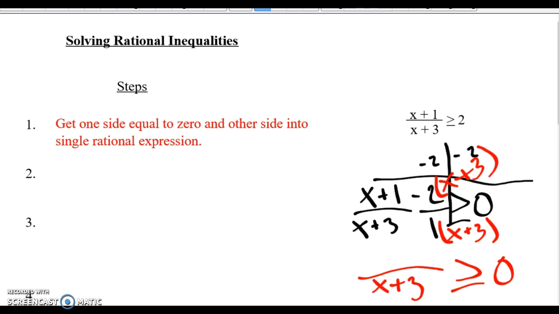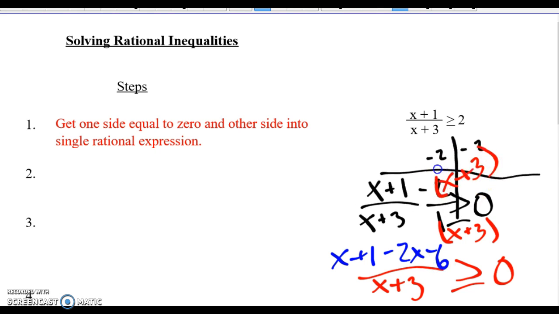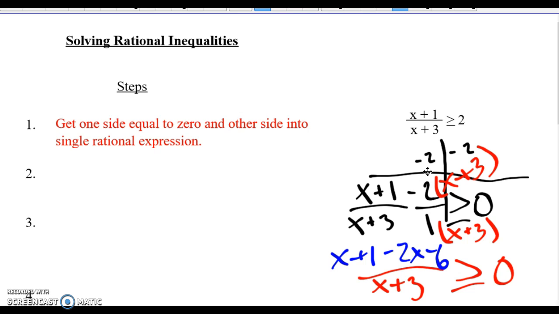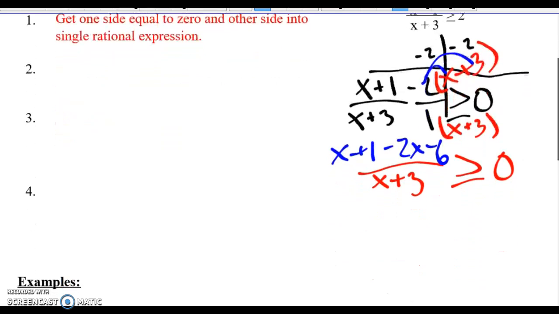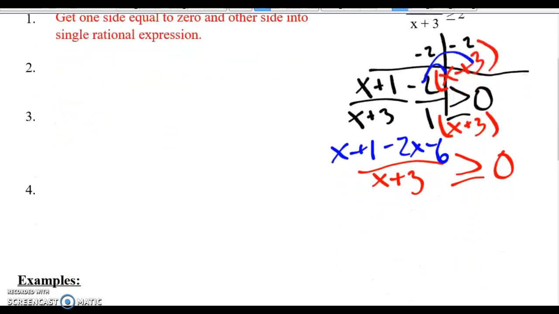On the top I've got x + 1 minus 2x minus 6 because I distributed. Okay, that said, let's see what we've got. Now, what can I do across the top?